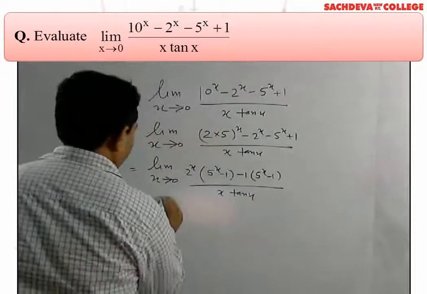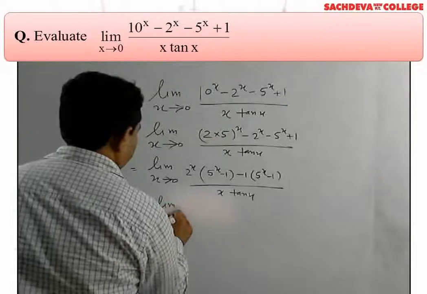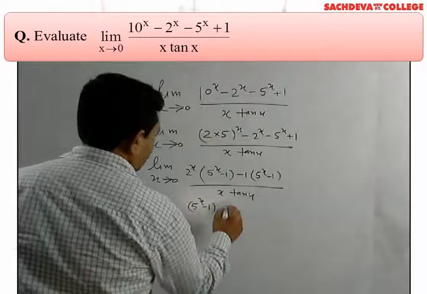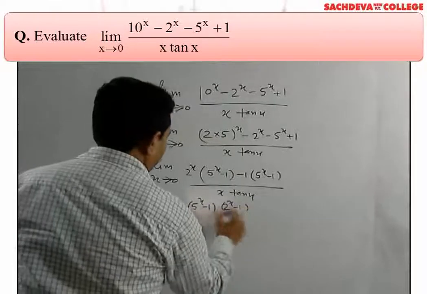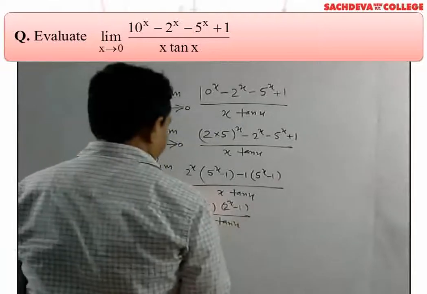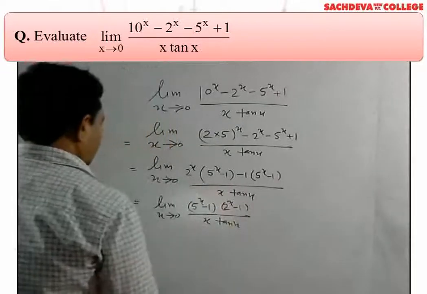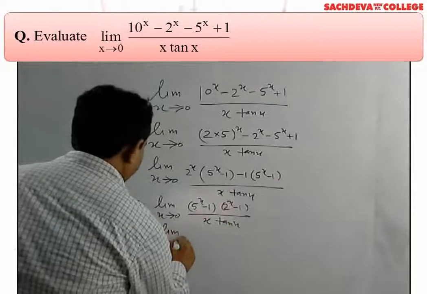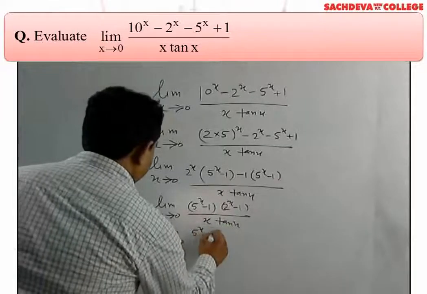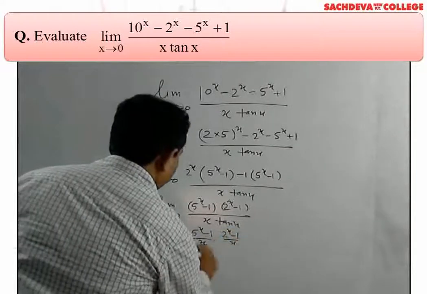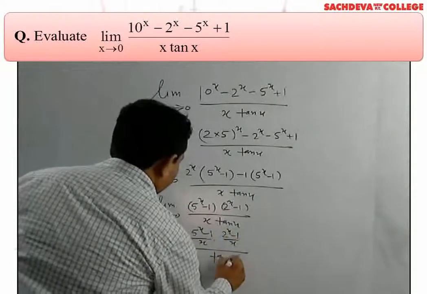Or is equal to limit x tends to 0, (5^x - 1)(2^x - 1) divided by x tan x. Divide numerator and denominator by x square. So this will be equal to limit x tends to 0, (5^x - 1)/x into (2^x - 1)/x divided by tan x upon x.